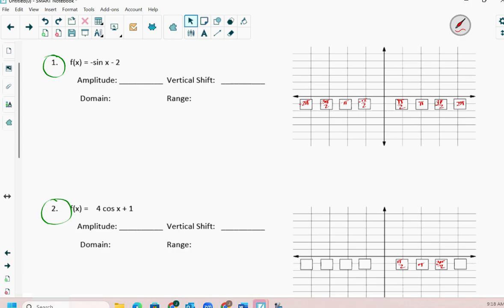Oh, wait, no. The difference is that... but it's still sine. We have the same answer.